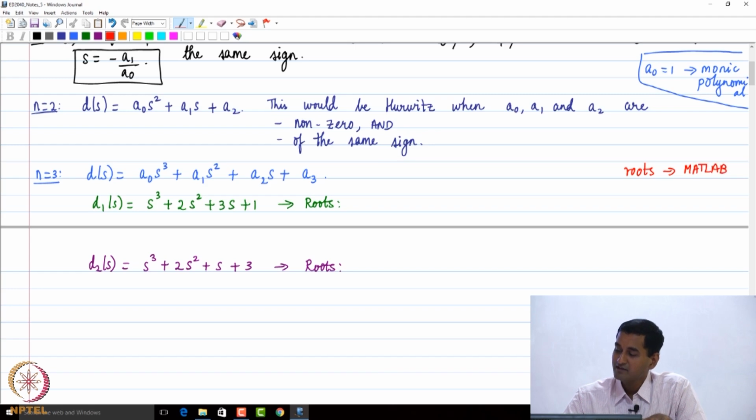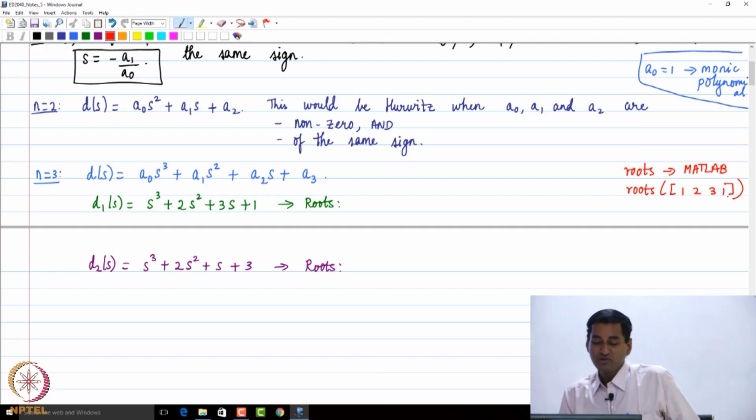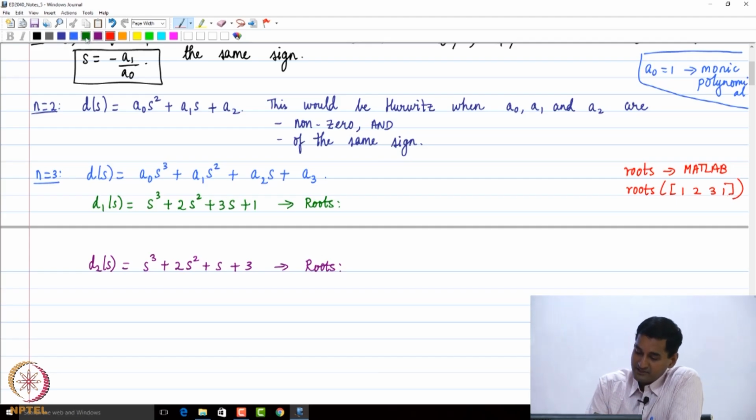So for example, in the command line, if you type roots of 1, 2, 3, 1, right? So you will get the 3 roots of the first polynomial and so on, right? So please get the exact location, but right now I am only looking at the location.